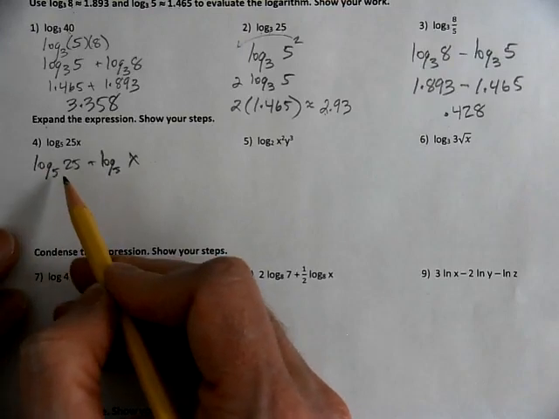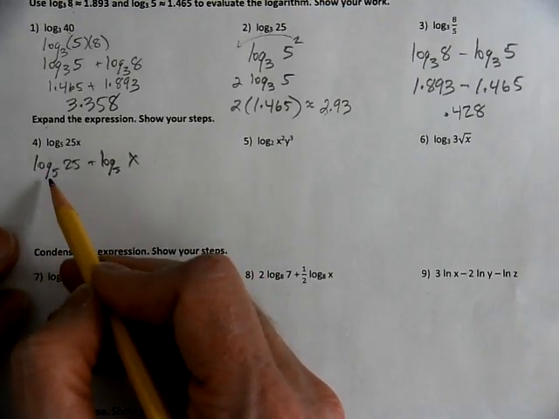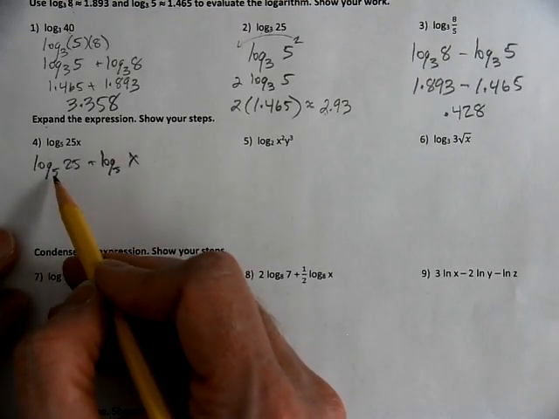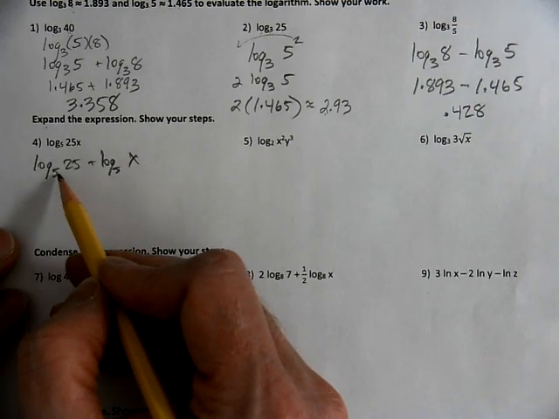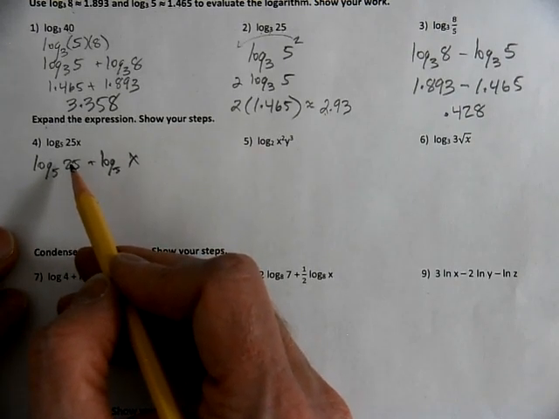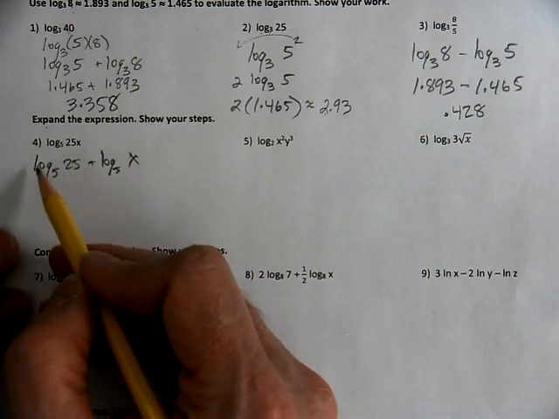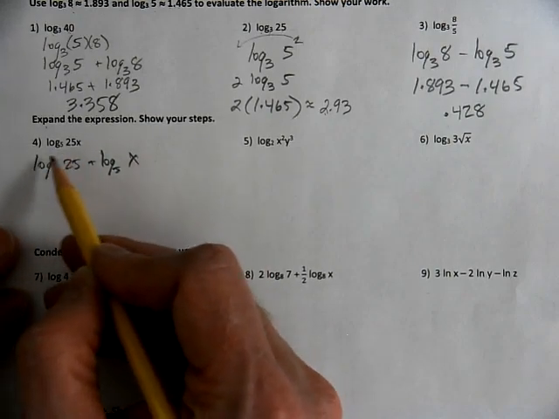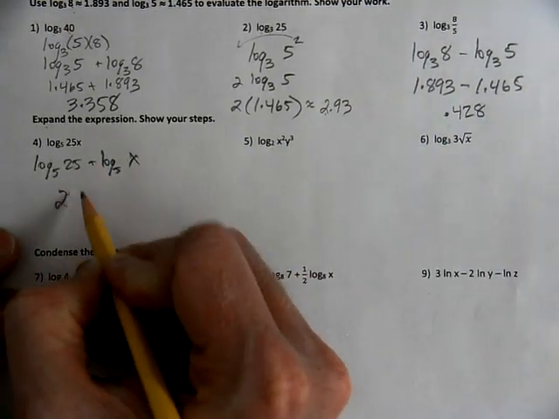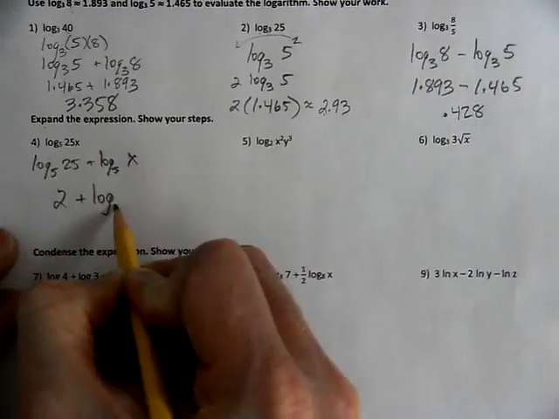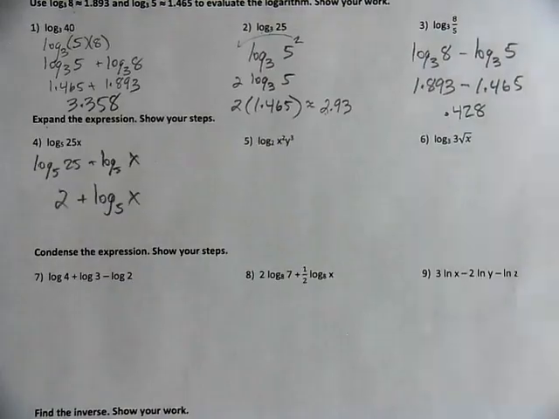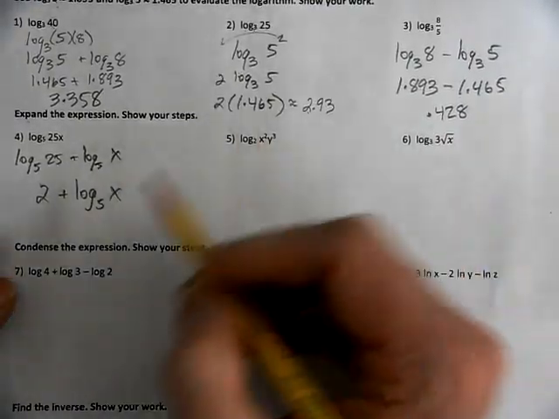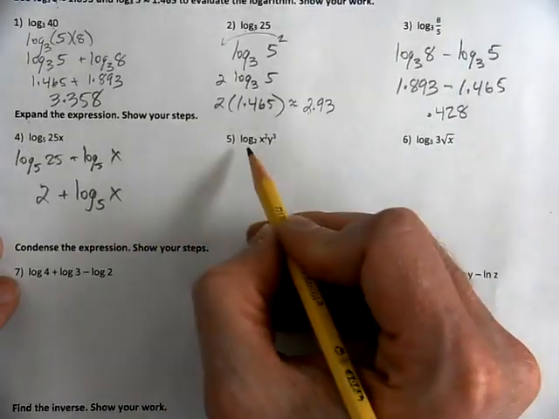Now what is the log base 5 of 25? 5 to what power makes 25? 5 to the second power makes 25. So this logarithm is worth, to evaluate it, a 2. And that's as far as you can expand it.